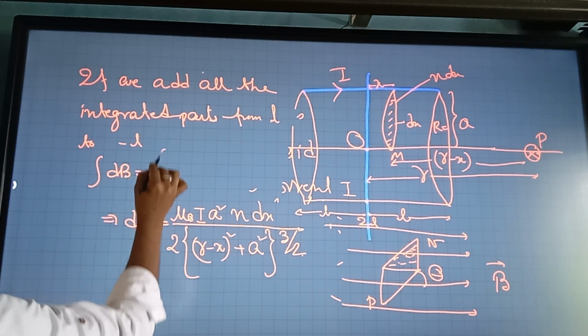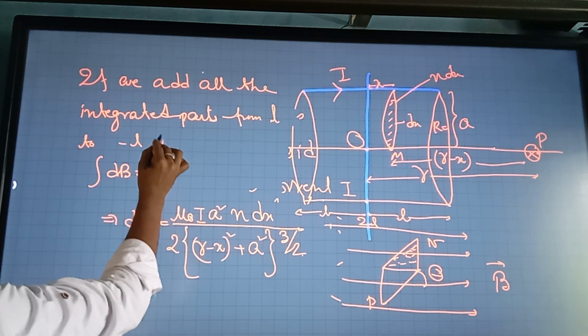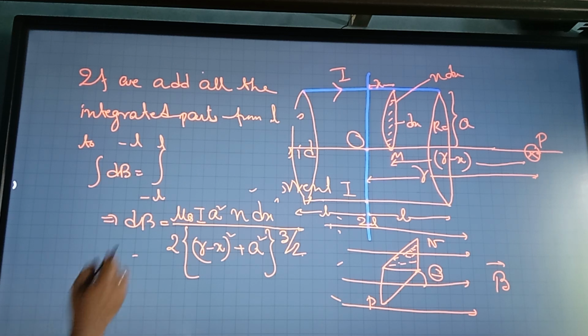We have to integrate this one. The limit varies from minus L to plus L.